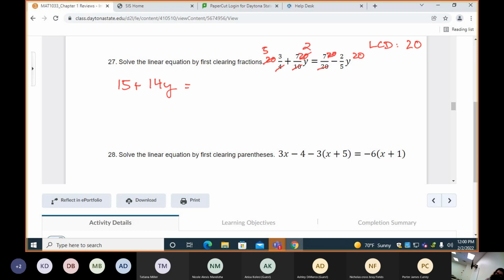Equals 20 goes into 20 one time, so you have a 7 minus 1 times 4, so minus 8y. This is what we got.